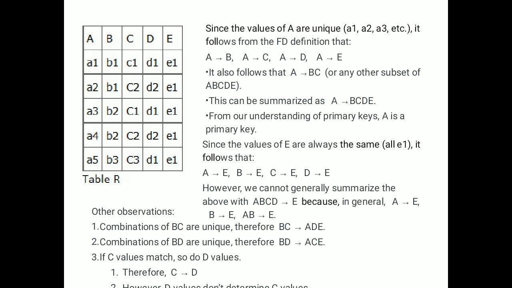From our understanding of primary keys, A is a primary key which uniquely identifies each row. So if we know the value of A, that particular row is uniquely identified. Since the values of capital E are always the same, it follows that A and E are functionally dependent, B and E are functionally dependent, and C and E, D and E are all functionally dependent.